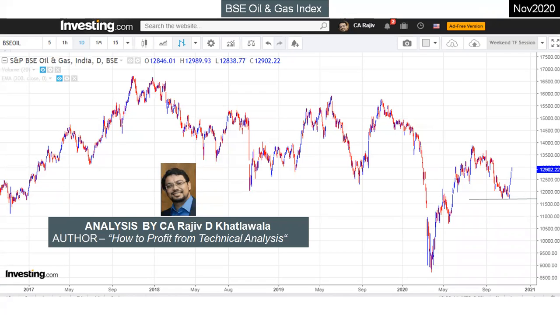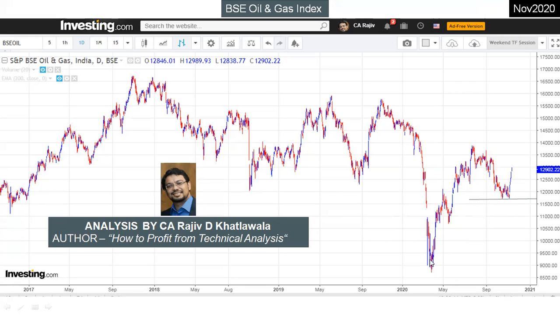And as you can observe, from a level of around 16,500, this index, the BSE Oil and Gas Index, has been in a downtrend. It tested a low of around 8,700 in March after the COVID crisis. After that, it has jumped quite well nearer to the 13,800 level, from where it has given some correction near the 11,700 level.